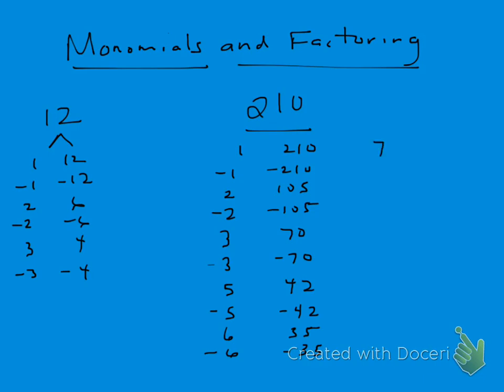Okay, 7 and 30, negative 7, negative 30, 10 and 21, negative 10, negative 21, 14 and 15, and that's always a pleasant sight, because now I know it's going to start over, right? Okay, so that's all of our factors.